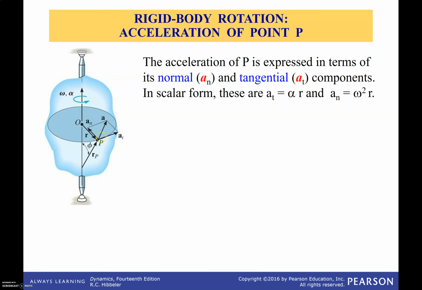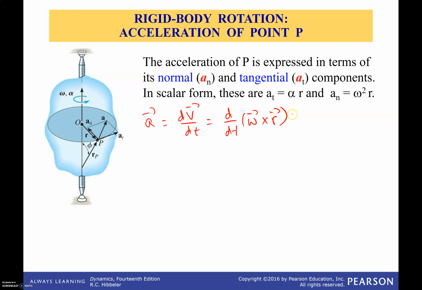Remember, the point P is rotating about an axis, so it has a tangential and a normal acceleration. So we can calculate that. The acceleration is always dv dt, and from the previous equation, this is d dt of omega cross r.